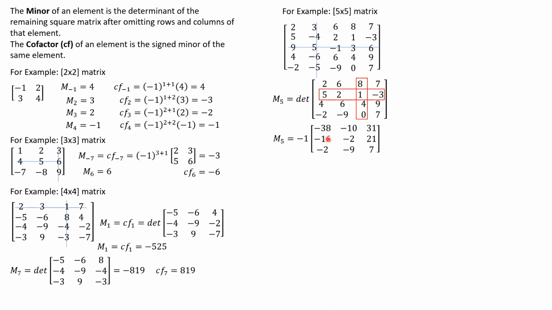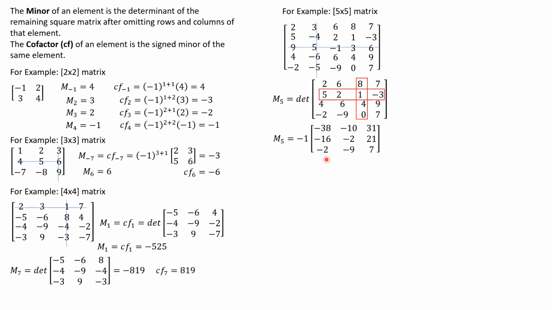Then here it's 4 minus 4 times 5, 4 minus 20 is negative 16. 6 minus 4 times 2, 6 minus 8 is negative 2. Then 9 minus 4 times negative 3, or 9 plus 12 is 21.